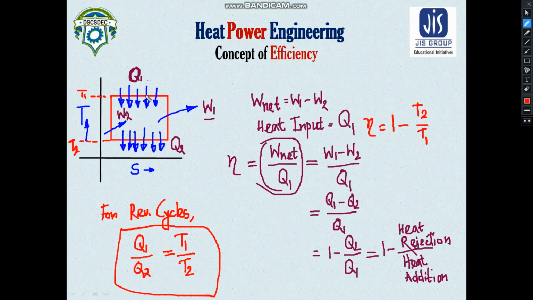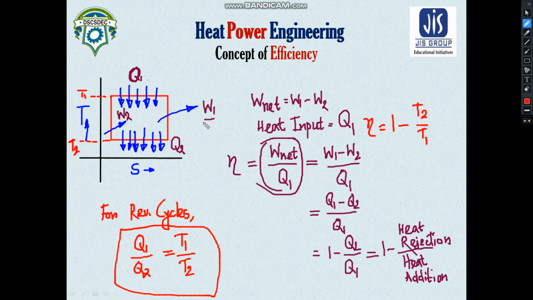Reversible heat transfer means it will take infinite time to make the heat transfers with infinitely small temperature differences. So when the heat transfer will take place, there will be infinite thermal energy reservoirs where the temperature difference will be infinitely low, so that the heat transfer can take place in a way where it would consume infinite time. So in that case, heat transfer can be done keeping the temperature constant.